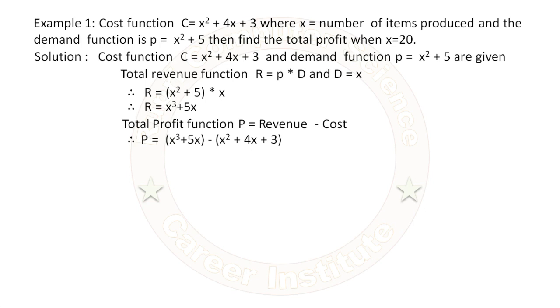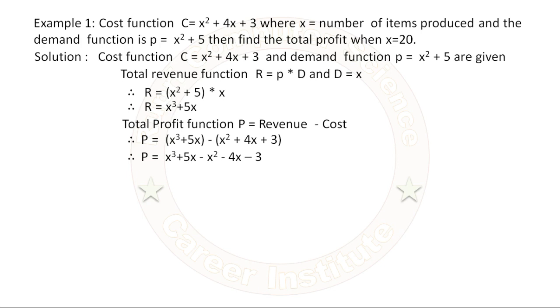Now removing brackets, we write the calculation. Therefore, P is equal to x raised to 3 plus 5x minus x square minus 4x minus 3. When I take the minus inside, all these positive values get a minus. Now only the calculation 5x minus 4x is done, that gives x only.